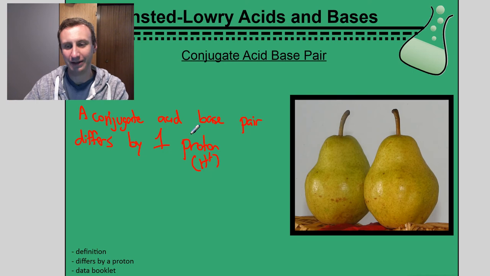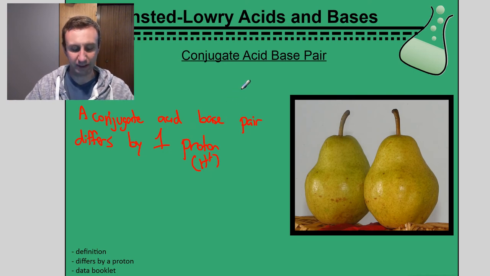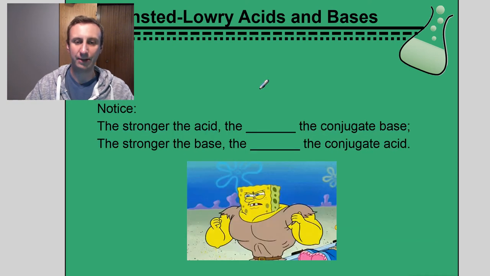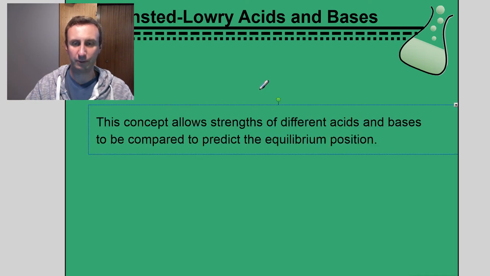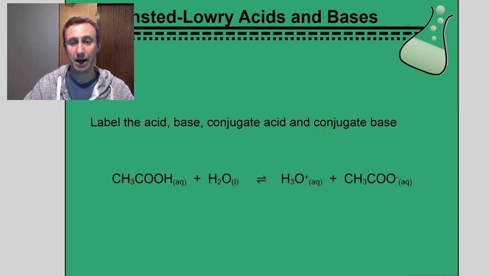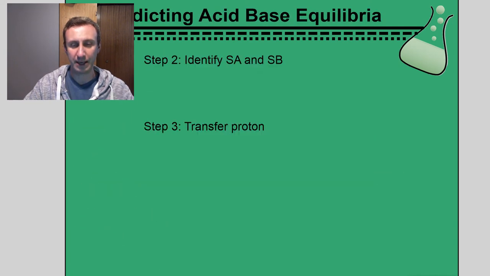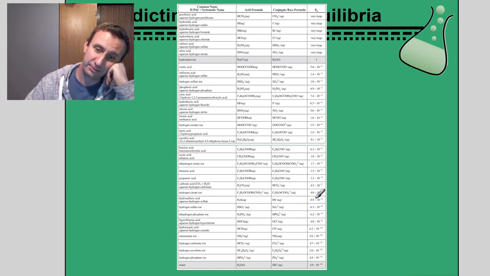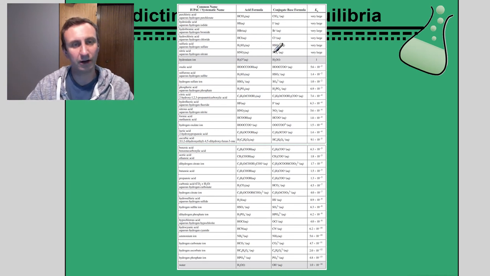Isn't that fun? So if I take a look at my data booklet, I'm gonna have to skip ahead a few slides here to show you this. But if I look at my data booklet, oh, wait for it. Oh, yeah, no, it's way ahead. Okay, bear with me here, because it's in another lesson entirely. This data table in your data booklet has acids and conjugate bases.